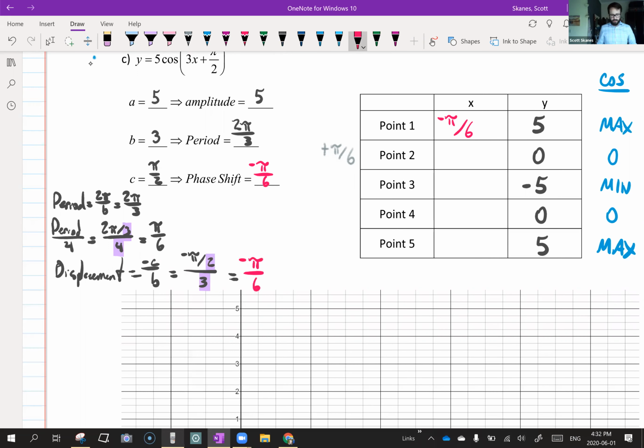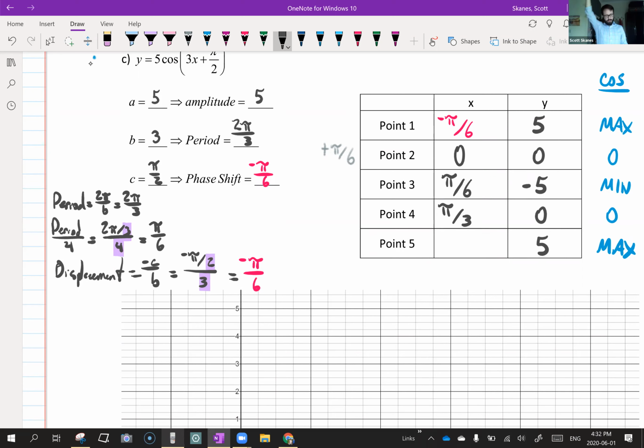All right, and now we just need to add pi over 6 every time. So what's negative pi over 6 plus pi over 6? You can use a calculator or you can just think about it. Well, it's a negative and a positive, must give 0. What's 0 plus pi over 6? Pi over 6. What's pi over 6 plus pi over 6? It's 2 pi over 6, which is pi over 3.